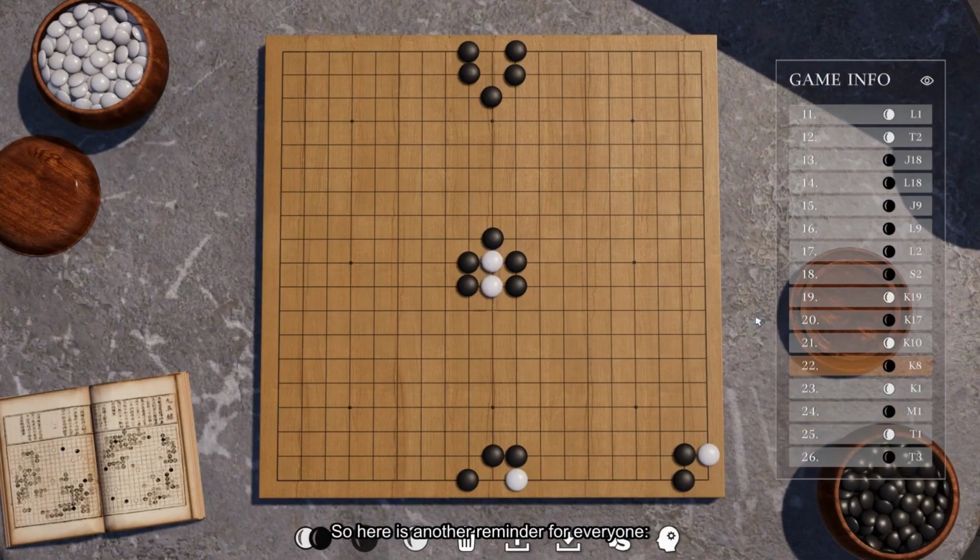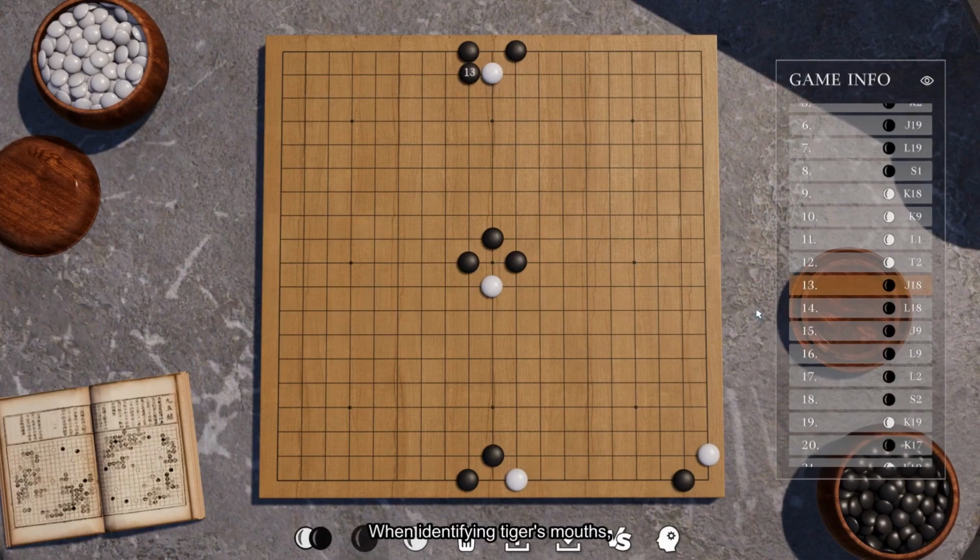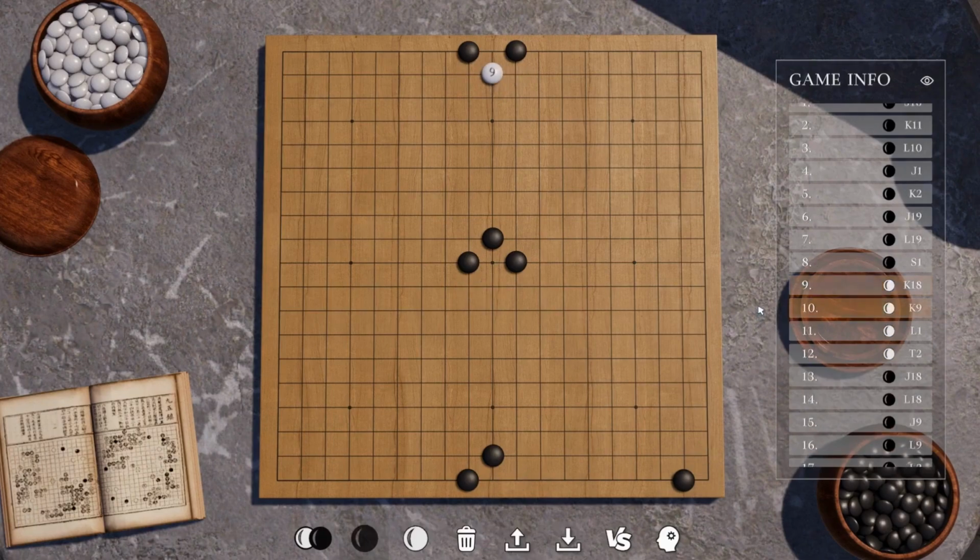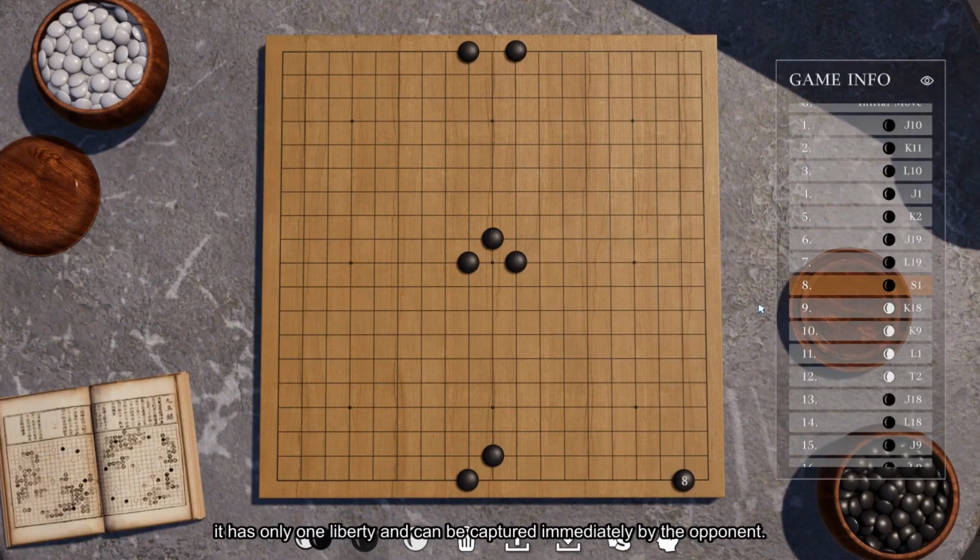So here is another reminder for everyone. When identifying tiger's mouths, the most important point is not the shape, but whether after a stone is placed there, it has only one liberty and can be captured immediately by the opponent.